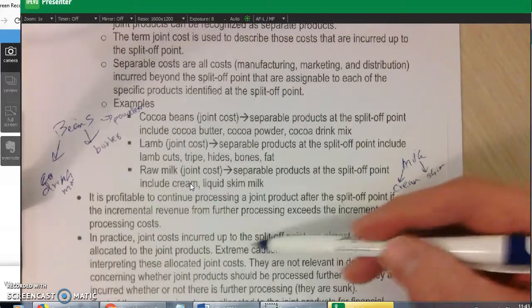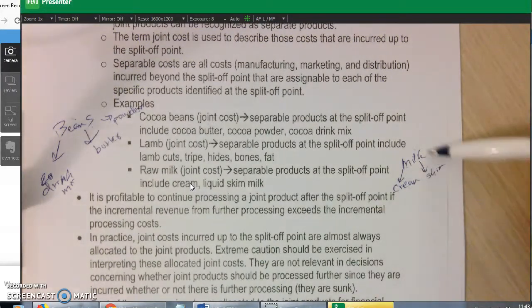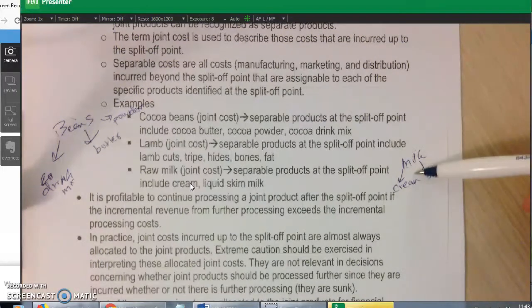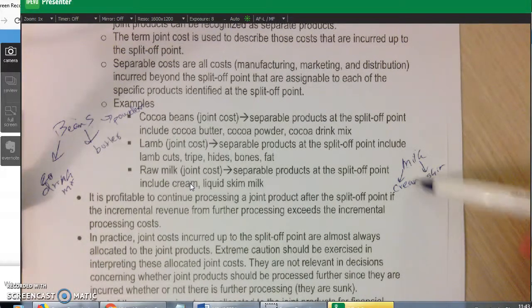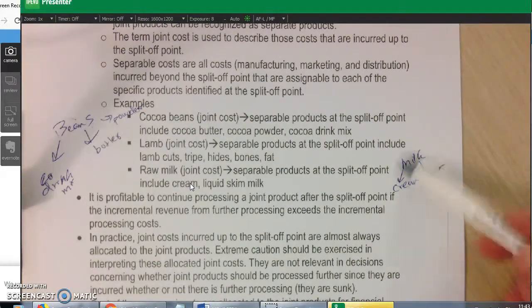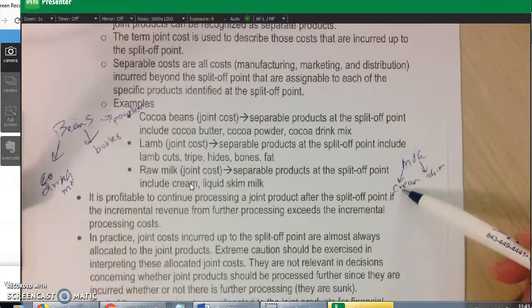But what we're trying to say is that the joint costs incurred up to the split-off point are irrelevant because they're sunk. These initial costs of buying the milk and allocating it out to cream are irrelevant for whether we want to further process cream into light cream or heavy cream, or just keep it as cream.